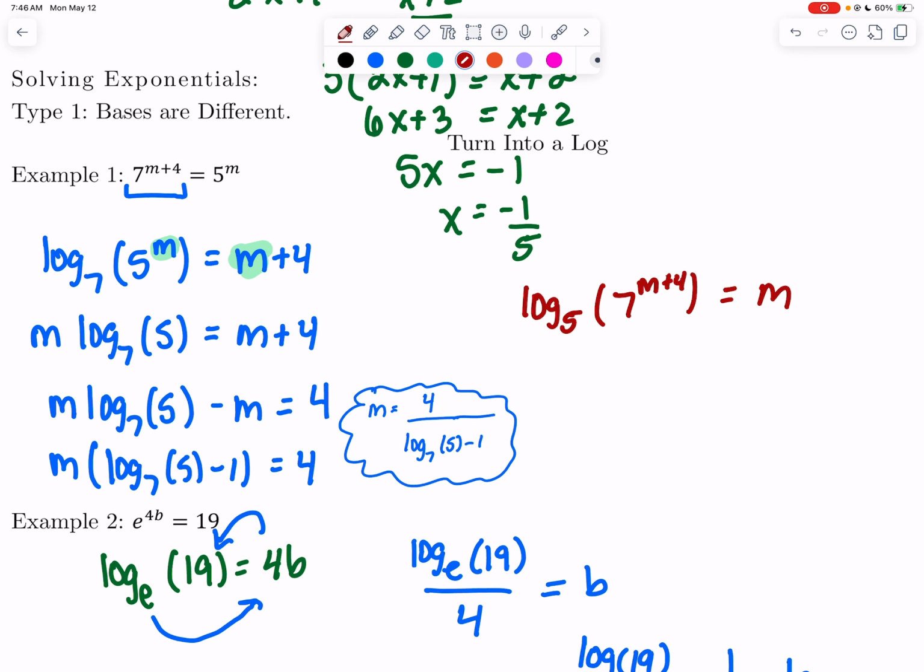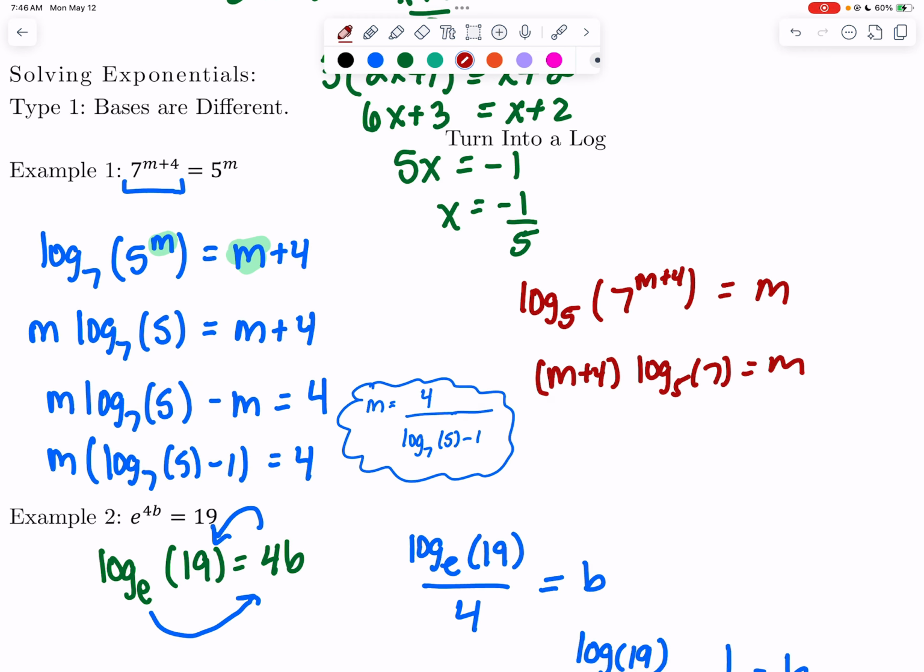Now, like we did earlier here, we converted this exponent and we put it up front as a coefficient. So that's what I'm going to do with this m plus 4, so that I get this thing right here. Now notice how this m plus 4 is in parentheses. So what I'm going to do now is go ahead and multiply the m plus 4 with the log base 5 of 7.